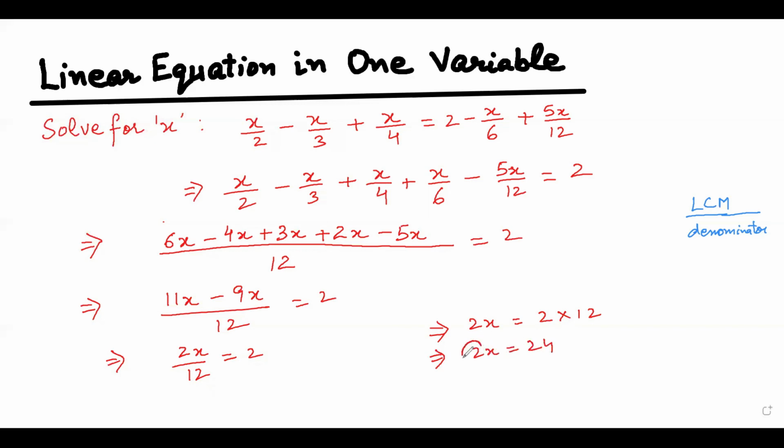Now we have to isolate x completely. 2 is multiplied with x, so it goes to the other side and gets divided into 24. So x is equal to 24 divided by 2, that is 12. So our answer is x is equal to 12.